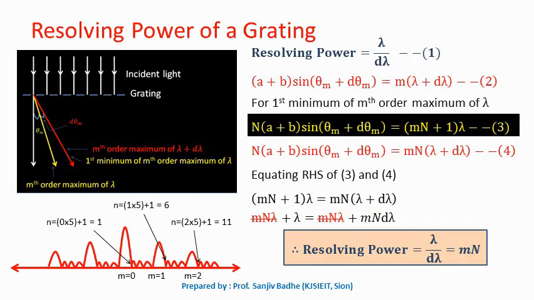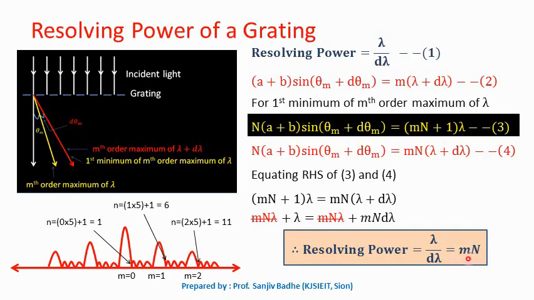So this mN lambda gets cancelled and we are left with lambda equal to mN d lambda. Now we can get the ratio lambda upon d lambda, that is nothing but the resolving power of a grating, as m into N. So the resolving power of the grating is given by m into N.